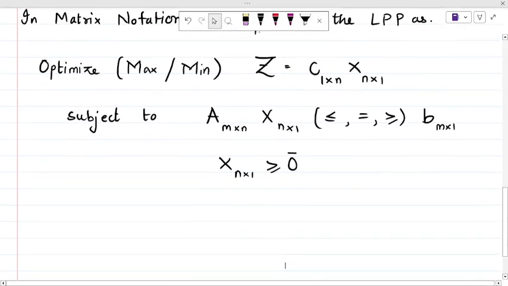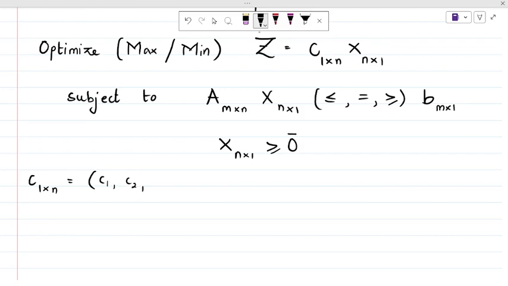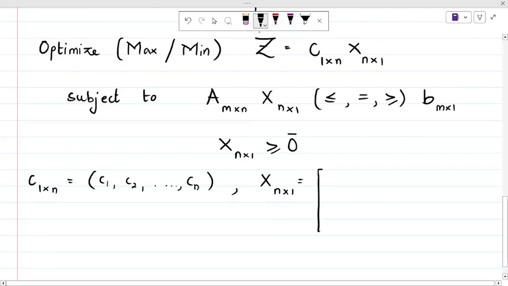So what is A, Z, C, everything, let us see. So C matrix, which is 1 cross n, is going to be all those coefficients c1, c2 up to cn. So this is a 1 cross n matrix. Then here you have your x, n cross 1 matrix, which will be x1, x2 and so on up to xn.